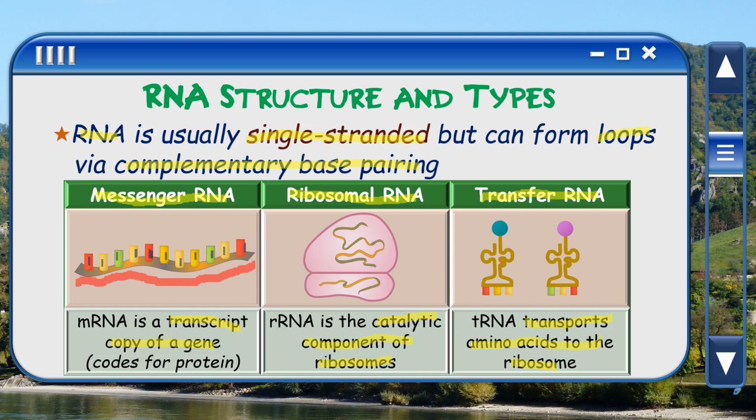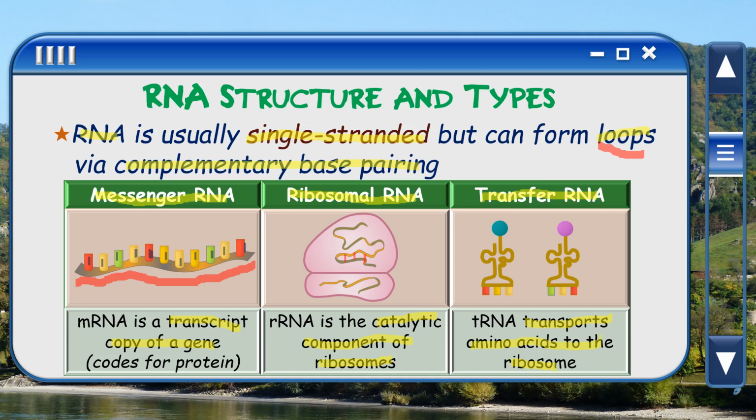We say RNA is single-stranded but can form loops via complementary base pairing. We have seen messenger RNA, which is only one strand. In the ribosome, inside you can see the RNA. Where it is bending and forming loops, its bases can end up pairing up.